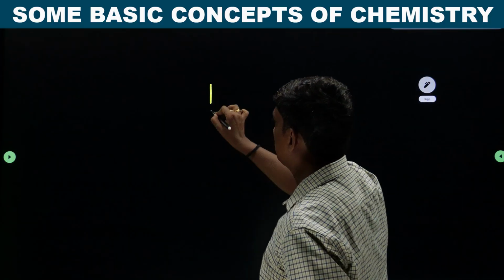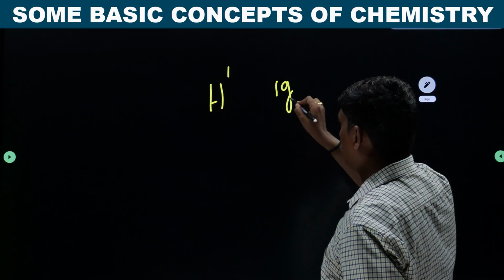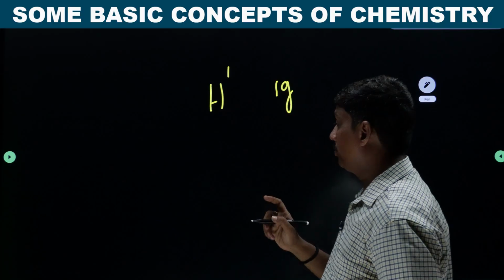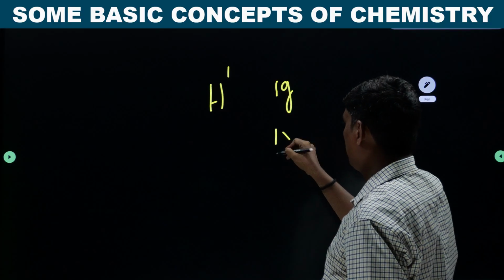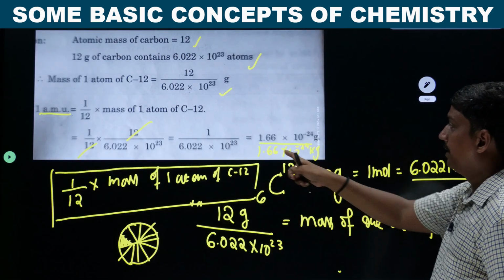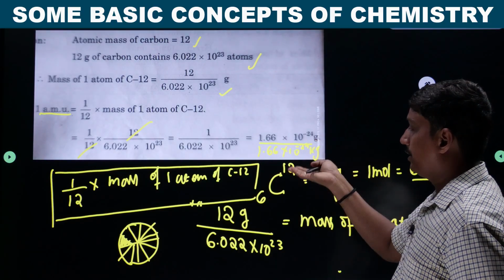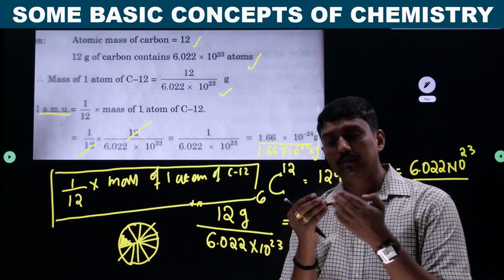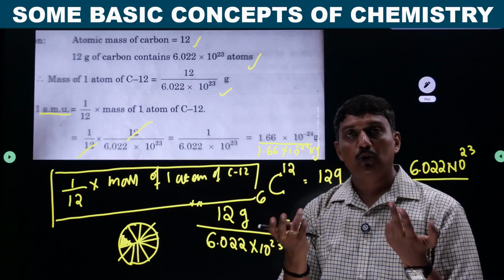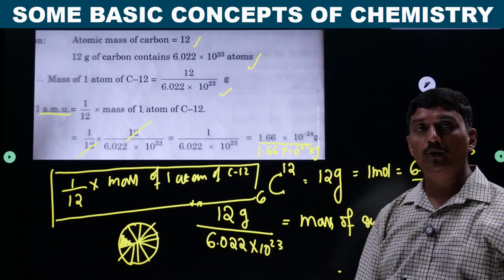See, the hydrogen mass number is 1. If I say gram, it is the gram atomic mass, 1 gram. What is 1 AMU? We know the value, 1.66 into 10 to the power minus 24 grams. If you multiply by that value, it is obtained in the AMU system. 2 AMU means 2 into this value. 5 AMU, 5 into this value.